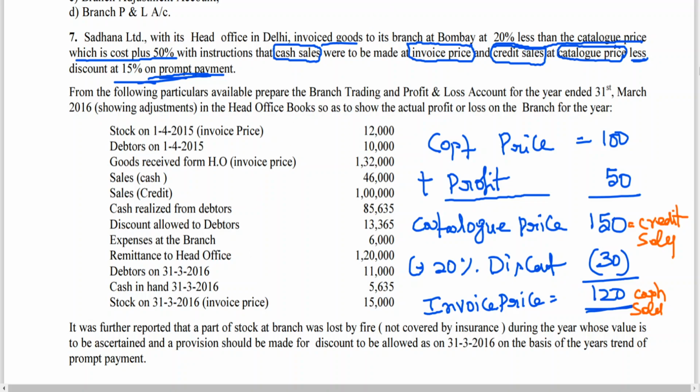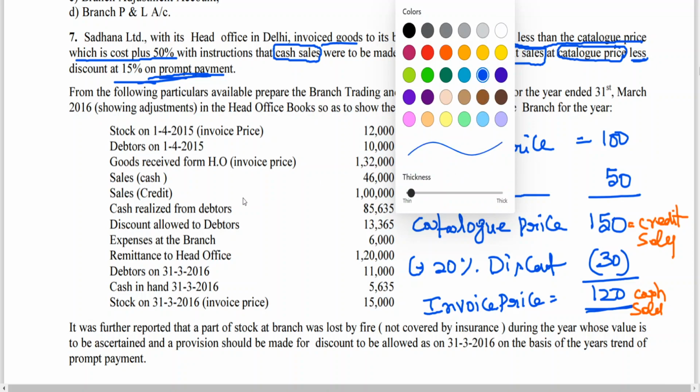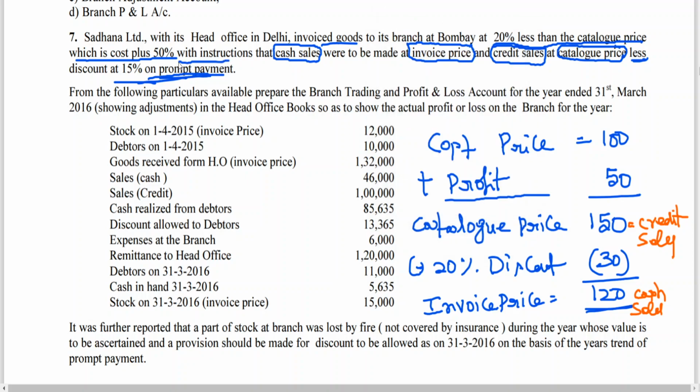Now, from the following particulars available, this 15% prompt payment we will discuss later on. This 15% they are giving on what? Catalog price. Credit sales is 150, no? Whenever they make prompt payment, they want to give 15% discount.